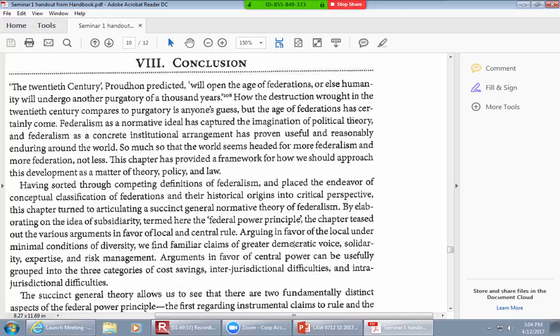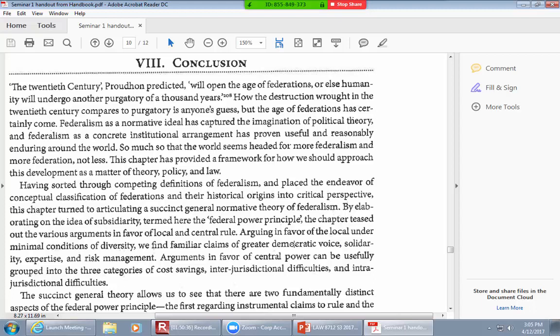Arguments in favor of central power, he continues, can be usefully grouped into the three categories of cost savings. So when we talk about the fifth question in your first assessment, and if there are arguments in favor of federation in terms of the idea that that federation then will give us the possibility of migrating some of the decisions to a central power, then you might want to talk about that in terms of these arguments, either cost savings or the interjurisdictional difficulties.